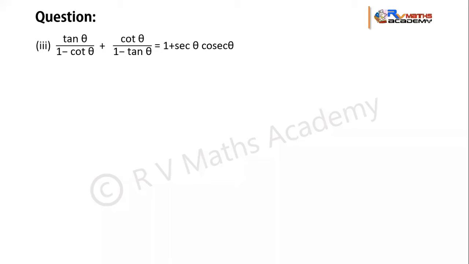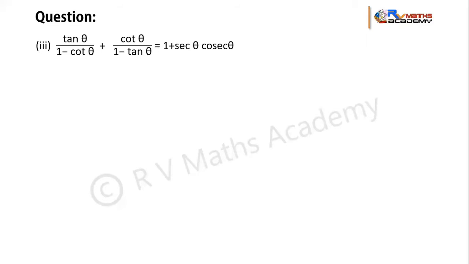I know many times students face a lot of problems in proving identities. So there are a few things you have to keep in mind before solving any identity. You should know all the algebraic identities: (a plus b) whole square, (a minus b) whole square, a cube minus b cube, a cube plus b cube, and so on.